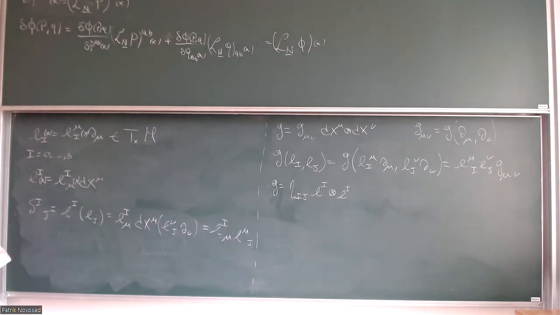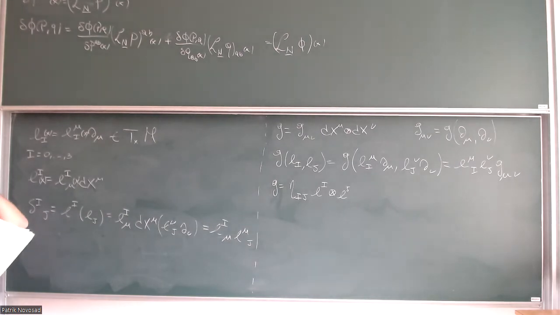Yes, that's it. It doesn't have to satisfy anything else. Just an invertible matrix. So that means that this is true only for particular choices of the E I mu. Only for particular choices, choices such that these vector fields are orthonormal.